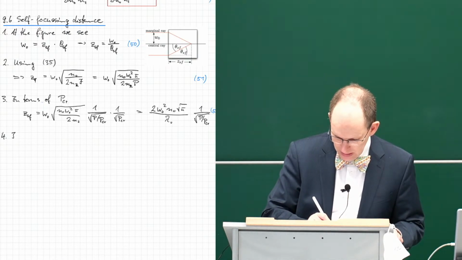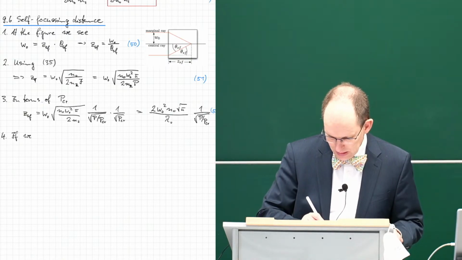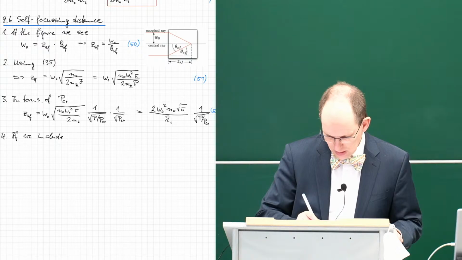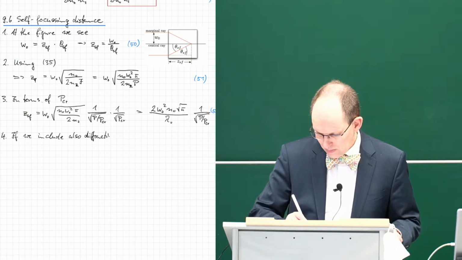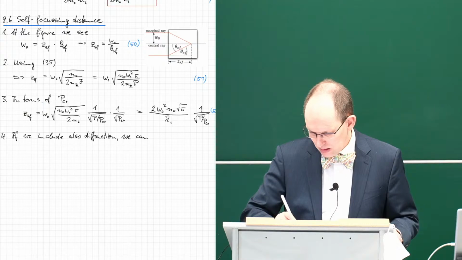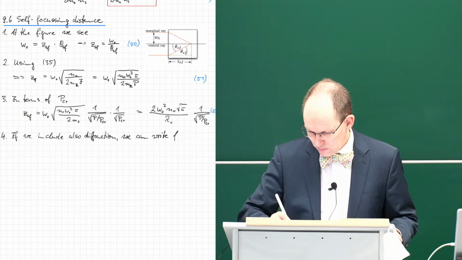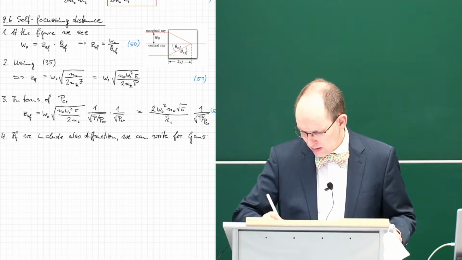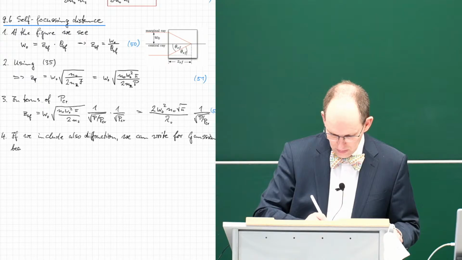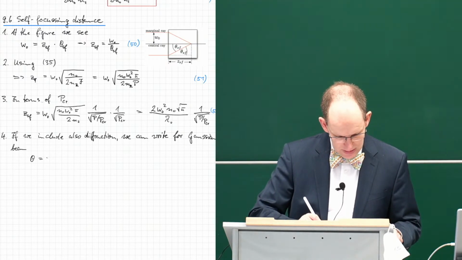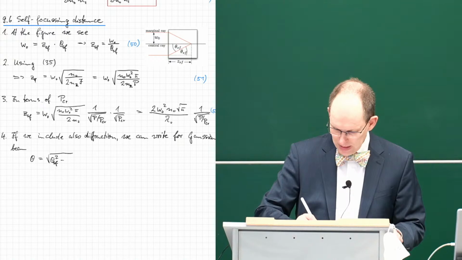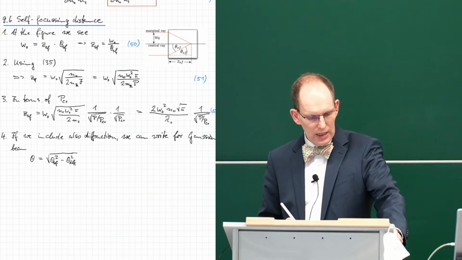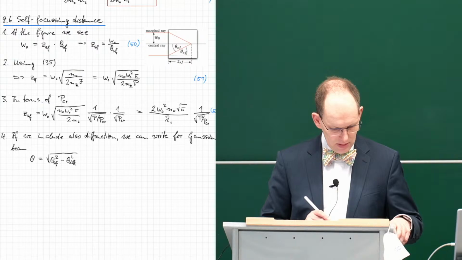So if we include also diffraction, we can write for a Gaussian beam that theta is equal to the self-focusing angle squared minus the diffraction angle, already assuming that the self-focusing angle is larger.